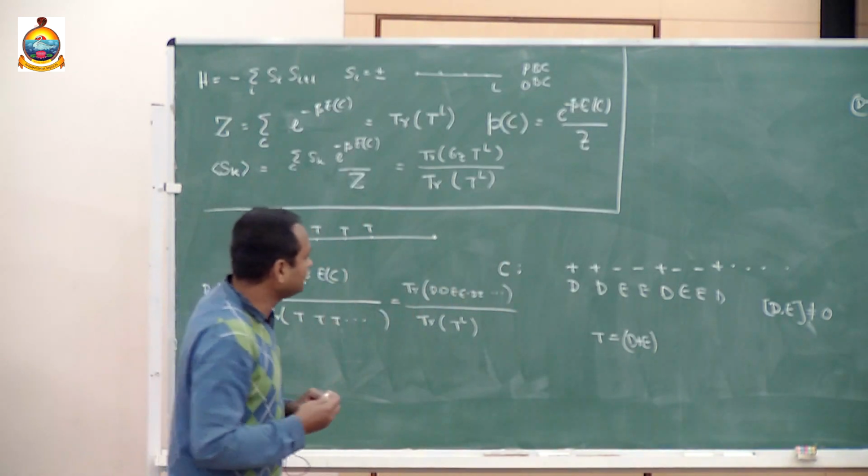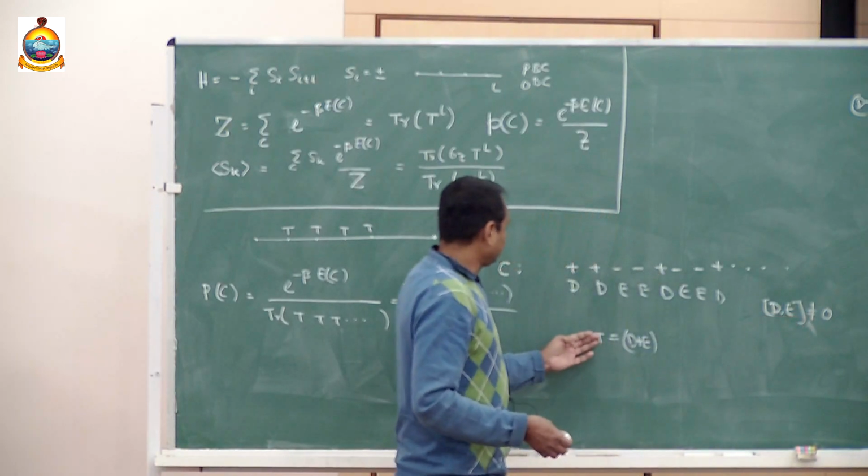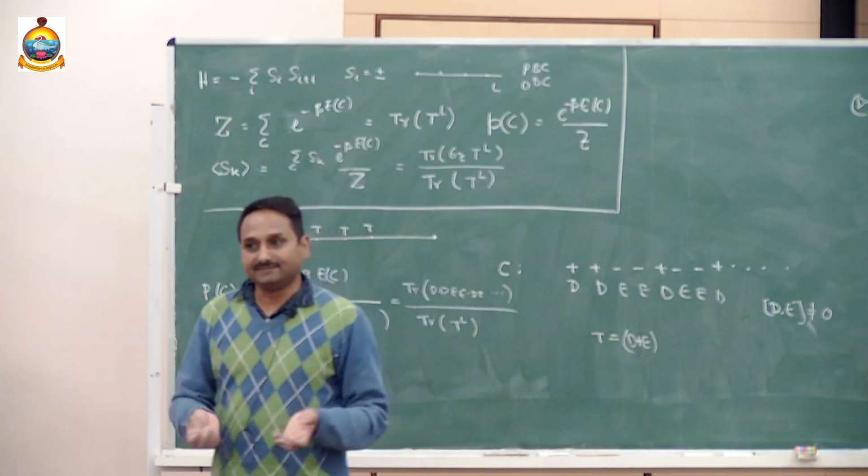So D and E have to be non-commuting in general, and T has to be D plus E. So can you identify this matrix?